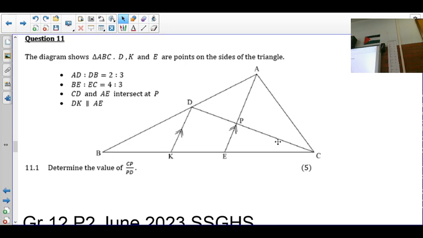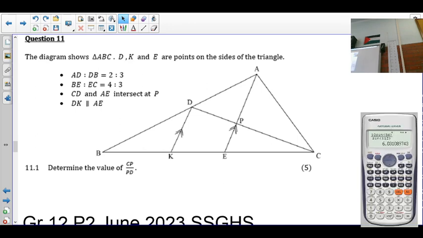Question 11. The diagram shows triangle ABC. Let's just check if everything's still in order here. Right. So it's the triangle ABC.